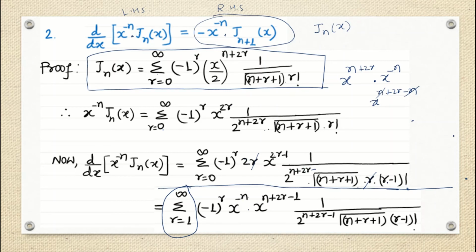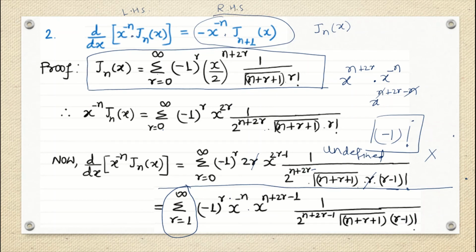If my r is 0, this term will be minus 1 factorial, correct? And minus 1 factorial is undefined. We know that the negative factorial is undefined, so we cannot start our summation from 0 in this scenario. So I will just start my summation from 1 to infinity, so that it becomes 1 minus 1, which is 0. That is okay.